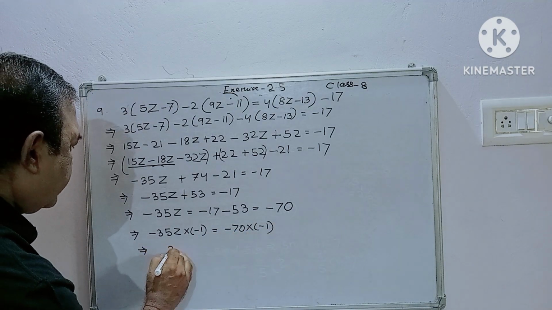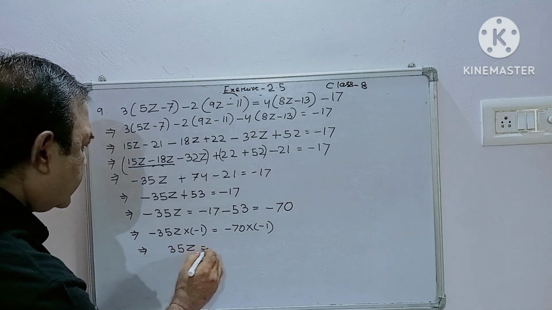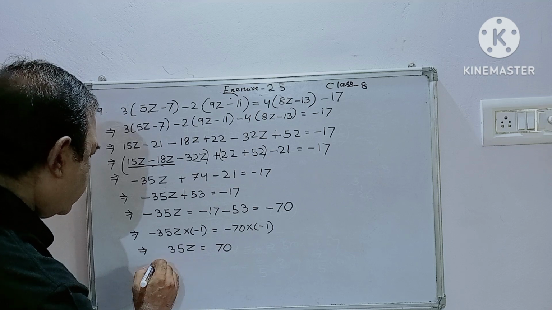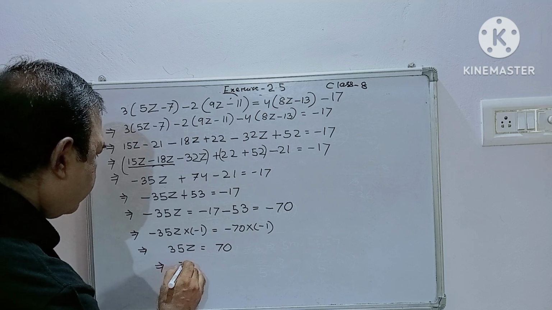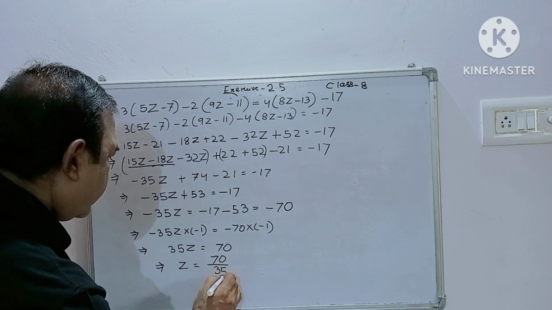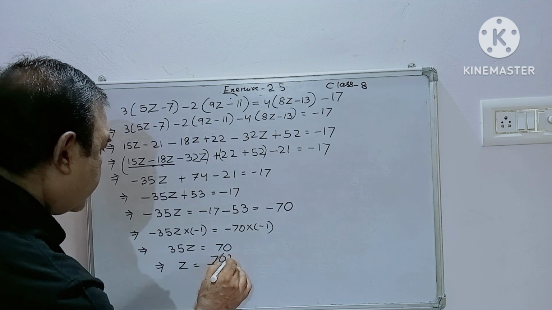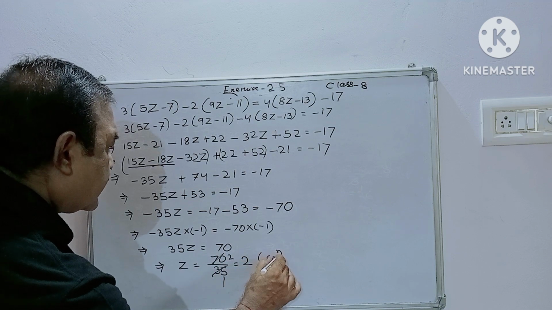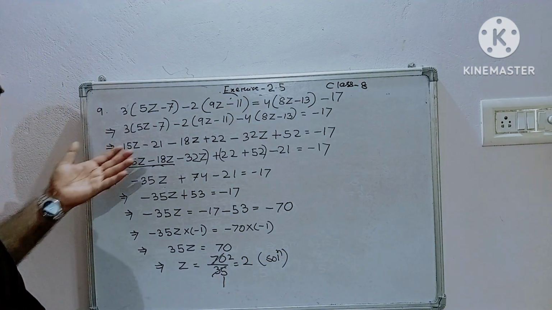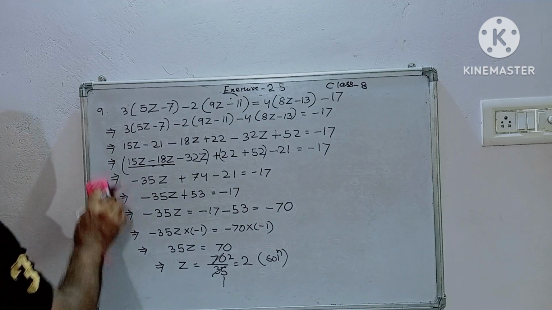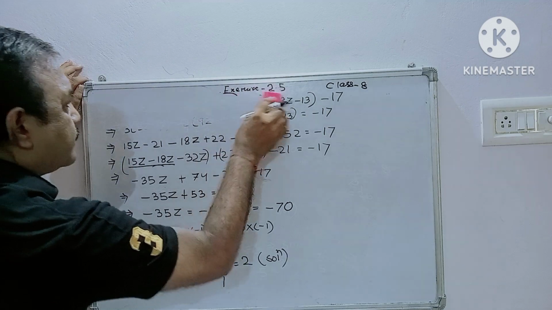That implies 35z is equal to 70, minus into minus is plus. That implies z is equal to 70 upon 35. 35 ones are 35, 35 twos are 70. So z is equal to 2. That is the solution. So you do like this. So question number 9 is over.